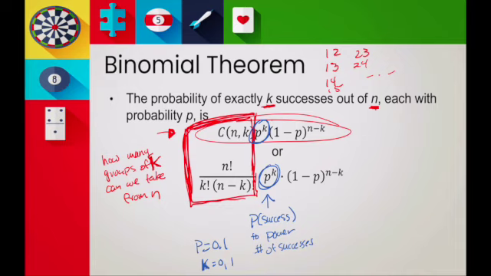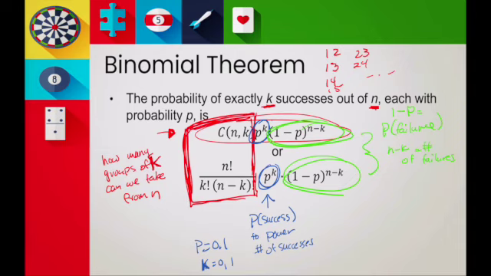And then we have this 1 minus p to the n minus k. This is the probability of failure, right? 1 minus p is the probability of failure. And then n minus k is the number of failures. If k is the number of successes, then n minus k is the number of failures.